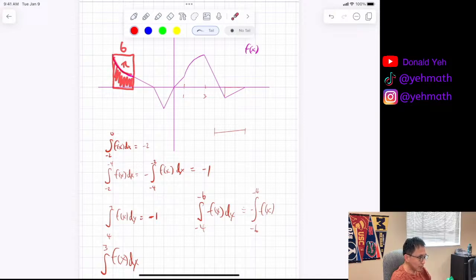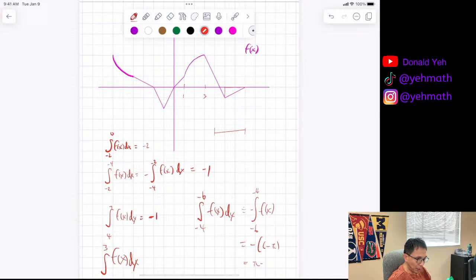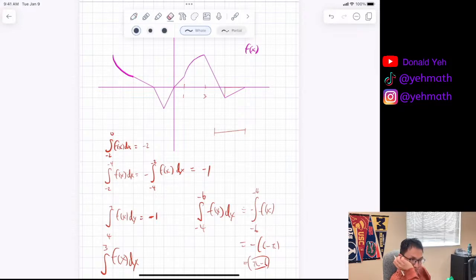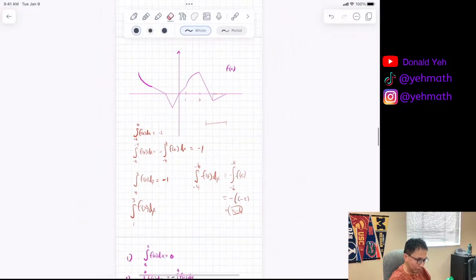Does that make sense? Yeah. So it'll be -(6 minus pi). So if you distribute, it's pi minus 6. Got it? We're good.